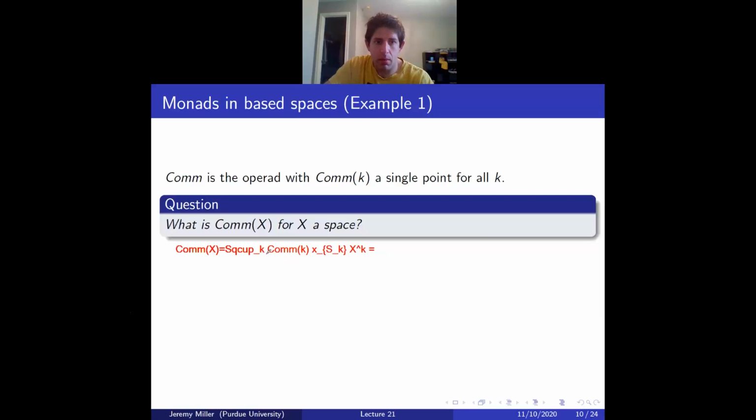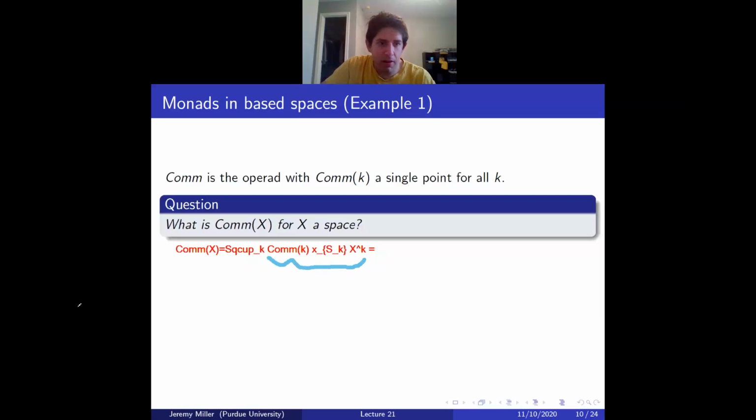So what's an alternate description of this? The thing underlined in blue. Yeah, it's just the symmetric product. I guess everything is the symmetric product.